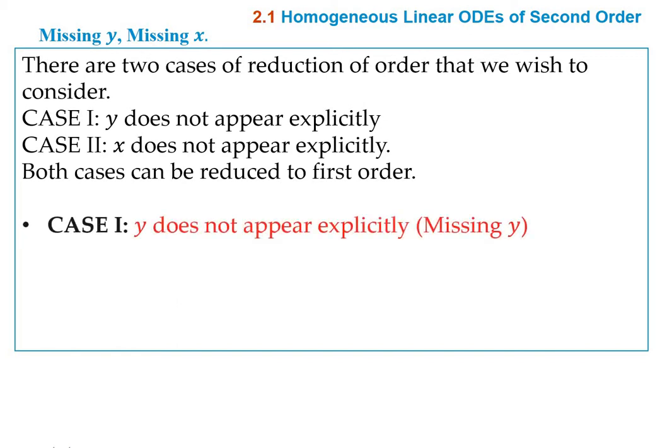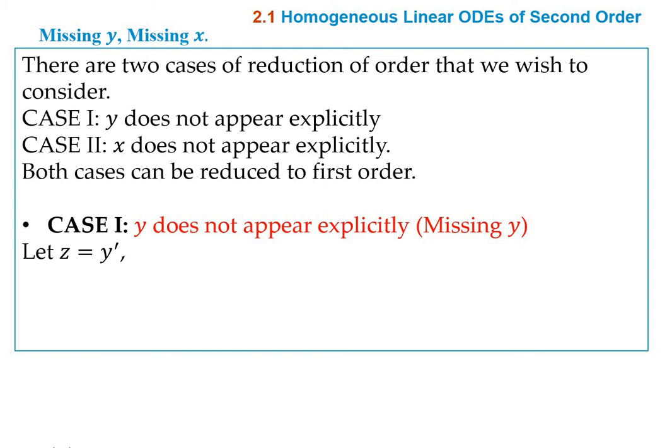Now, for the first case, case number 1, y does not appear explicitly. I do have missing y from my equation. In this type of ODEs, I'm going to do the following substitution. I'm going to define a new variable z. I'm going to call it y prime, replace y prime with z.